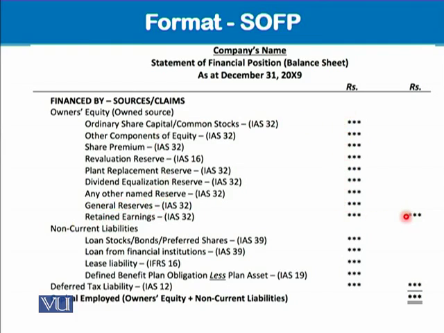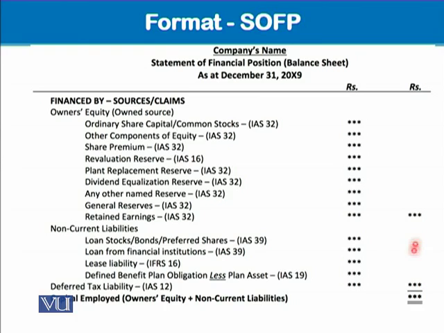The total of owner's equity is taken to the outer column, and then non-current liabilities, which include loan stocks, bonds, preferred shares, loans from financial institutions, lease liabilities, or the defined benefit obligation, less plan assets if the liabilities are greater than the assets. This is something that we work out for employee benefits, post-employment benefits, and then deferred tax liabilities are placed here.